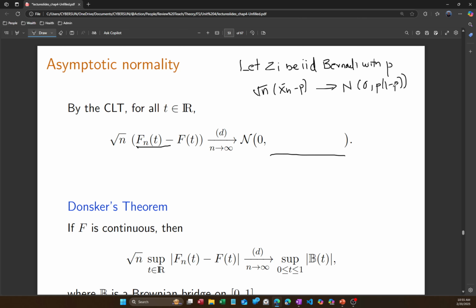Now, if you know this, then our indicator variable, this one, is a Bernoulli. Therefore, we can say that this also should converge with variance p(1 minus p). By analogy, we can say that it should be equal to F(t)(1 minus F(t)).